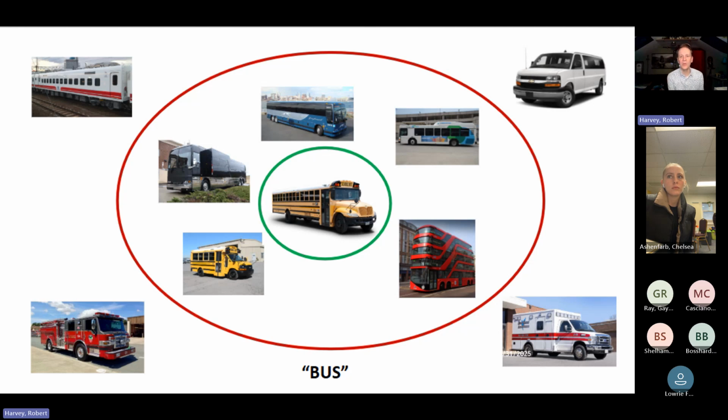Then that next layer, those are all also buses, but look how different they are, right? Look at that five decker bus there. It looks almost nothing like the middle bus, but it is also a bus. But then you also want them to know those outside examples that are outside of busness, right? You've got a train and a fire truck and an ambulance and something in the top right that I can't see because you guys are covering it, but that's okay.